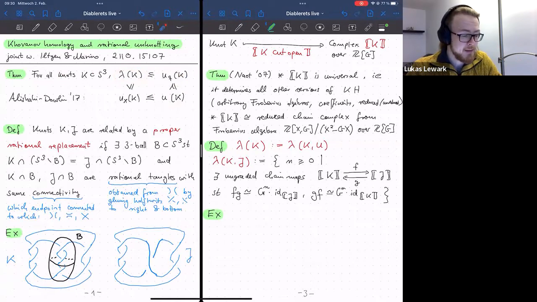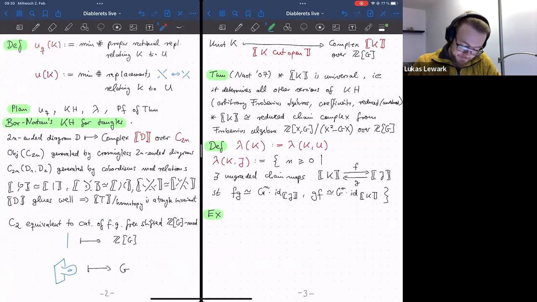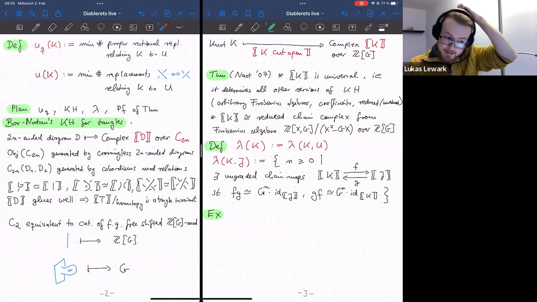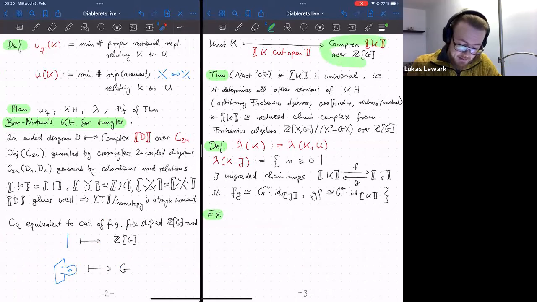But there's also a direct algebraic proof, namely you can show that when you set G equal to 1, so if you tensor with ZG mod G minus 1, then these complexes are homotopy equivalent for any knots. That's a bit non-trivial. That's basically the Rasmussen invariant, but you can show this.